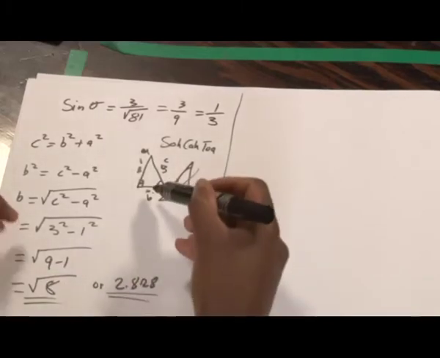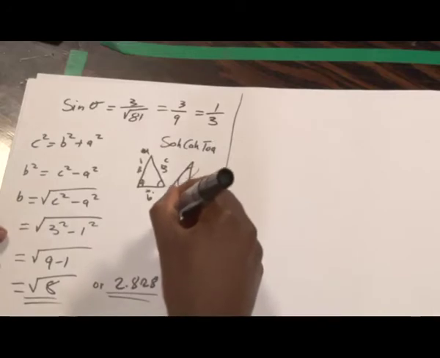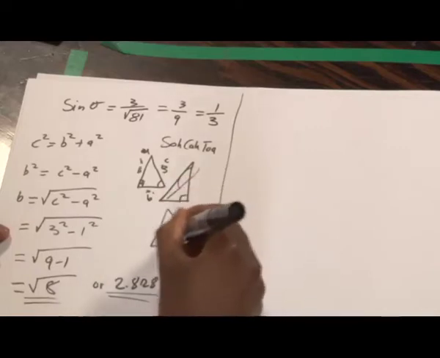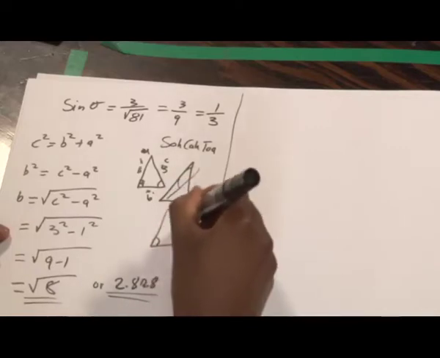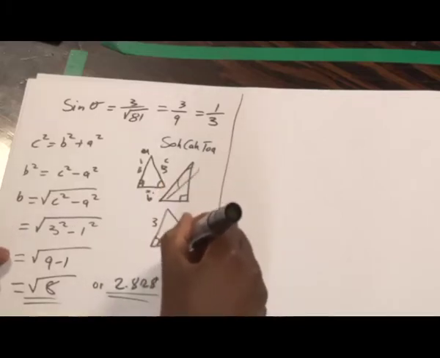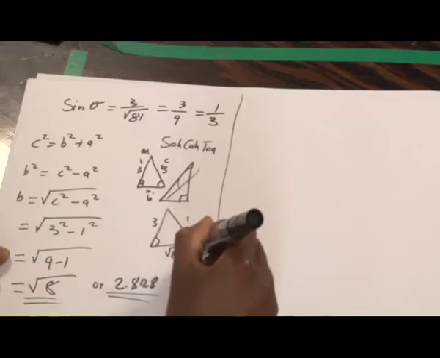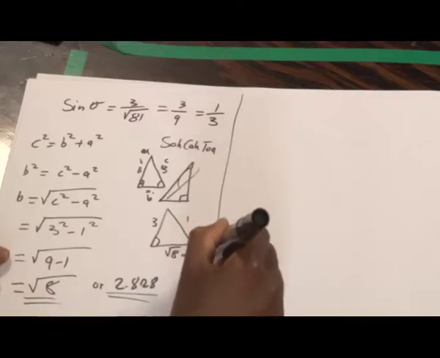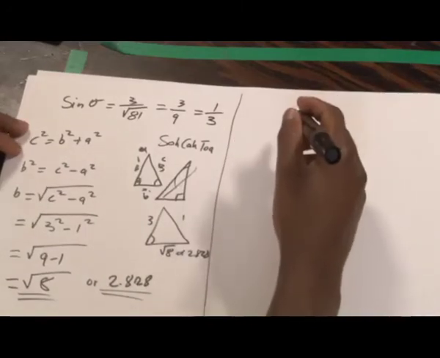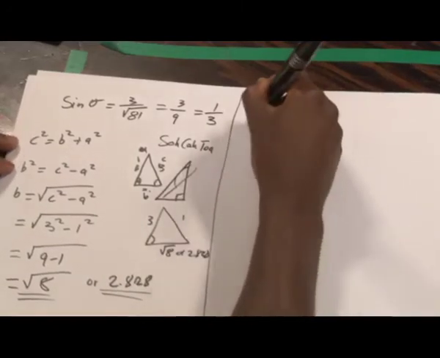Now we know B, so let me draw it much clearer. You have it like that. This one is opposite, that's 1. This one is 3. Then this one is the square root of 8 or 2.828. Then we have to find cosine theta.